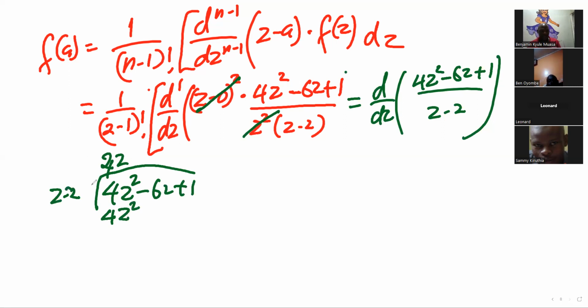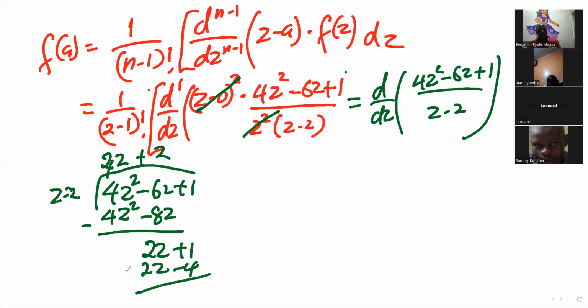Then 4z times this 2 is minus 8z. Then you subtract. When you subtract, what do you get? 2z plus 1. Then you're going to have plus 2, so it becomes 2z minus 4. So this becomes 5 like that.